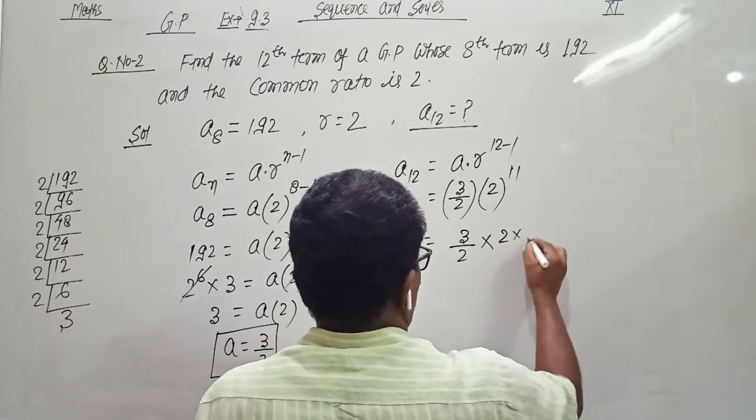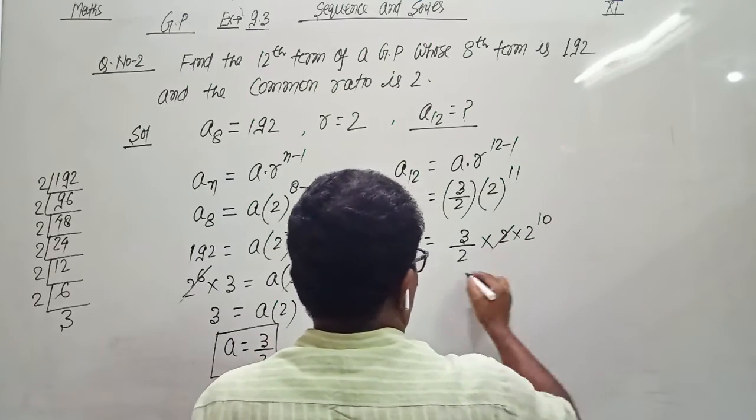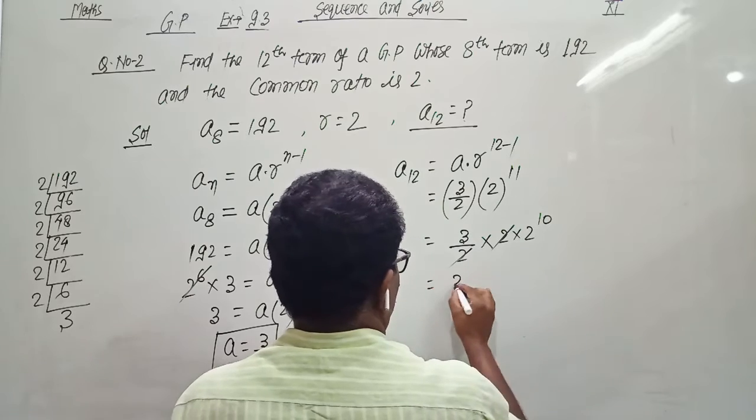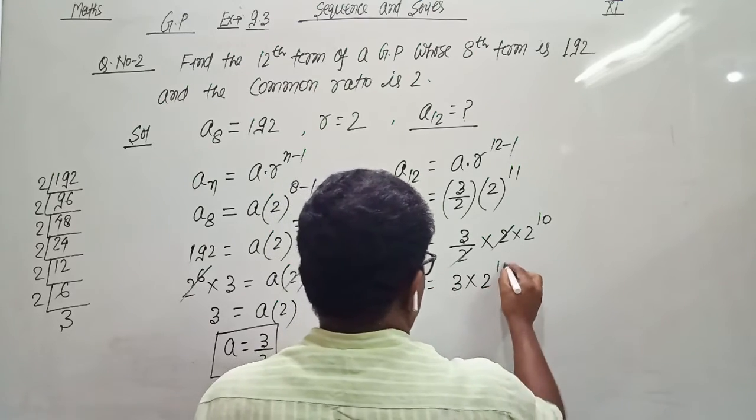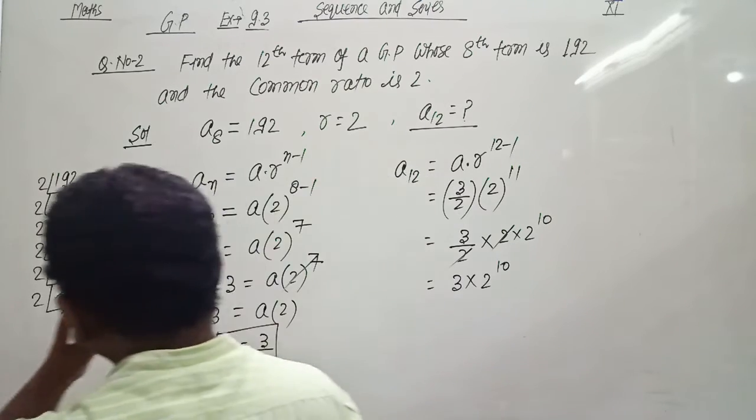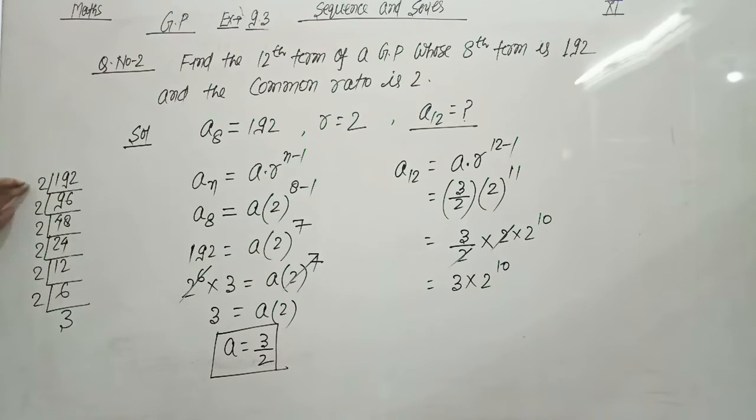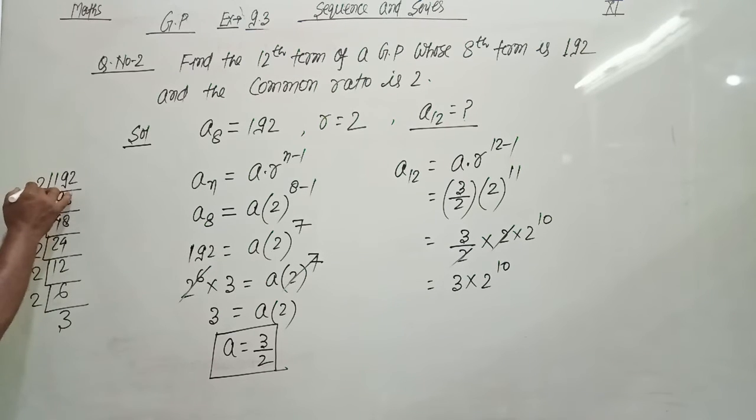So 2 into 2 raised to the power 10, the 2s cancel and 3 into 2 raised to the power 10. So 2 raised to the power 10 means this is 2 raised to the power 6.